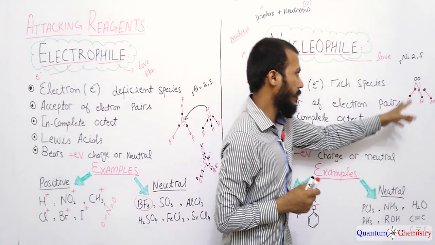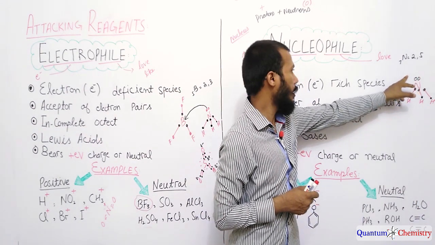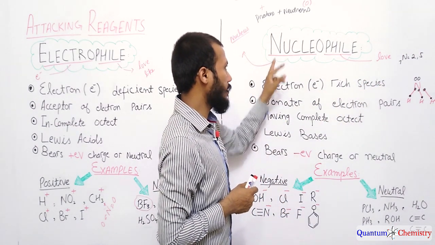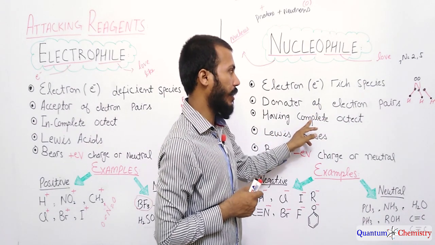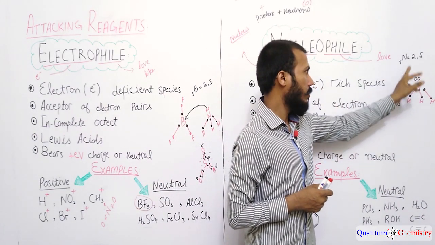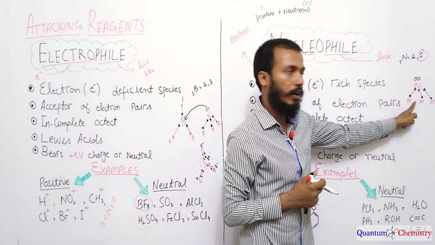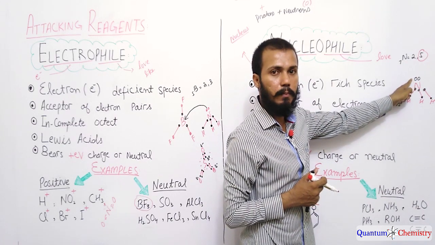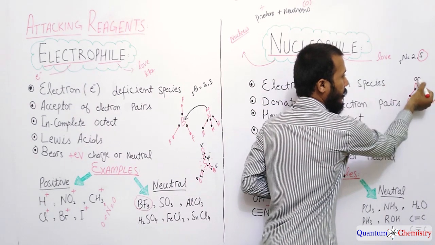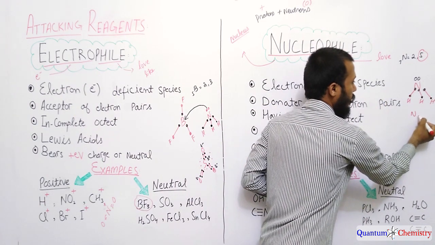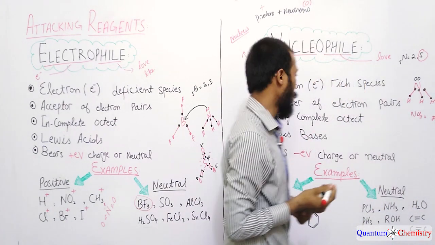Ammonia is an electron rich species, and this electron pair is donated by ammonia. Therefore we call nucleophiles electron donor species, and they have a complete octet. The total electrons are 2, 4, 6 and 8, so nitrogen in ammonia has a complete octet of 8 electrons.